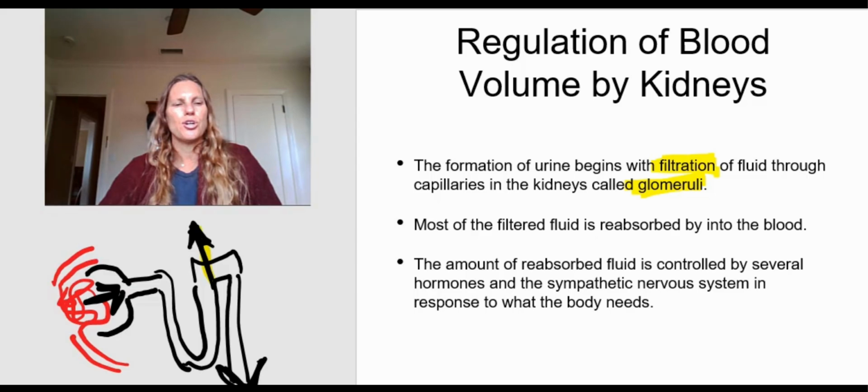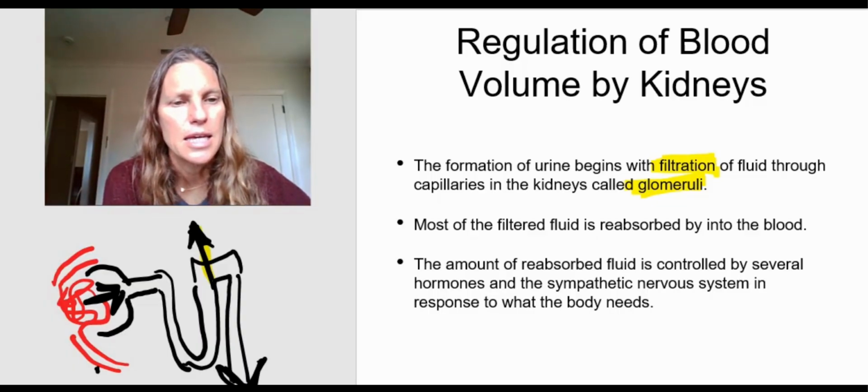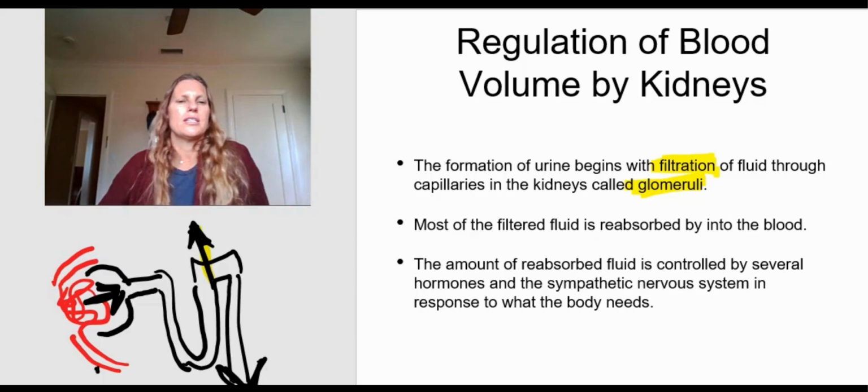So the sympathetic nervous system is going to cause a lot of things to happen. The sympathetic nervous system, we know, increases heart rate and increases the force of contraction. So it gets more blood moving through the circulatory system. We also are going to see the sympathetic nervous system cause the arterioles, these guys, that are feeding the glomerulus to dilate.